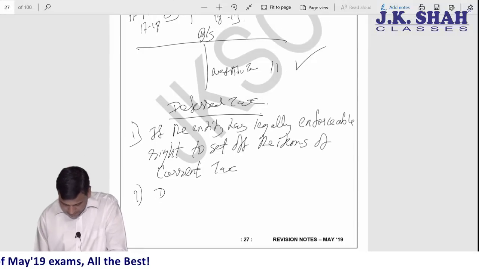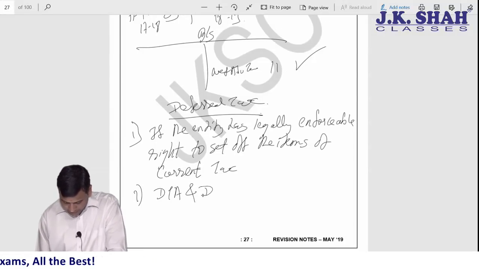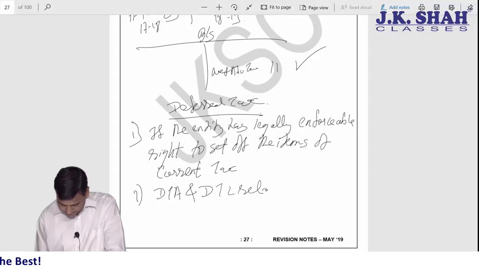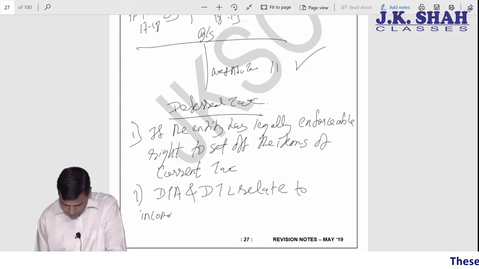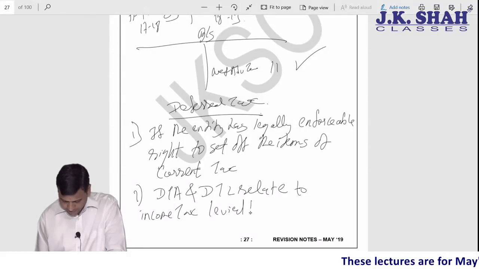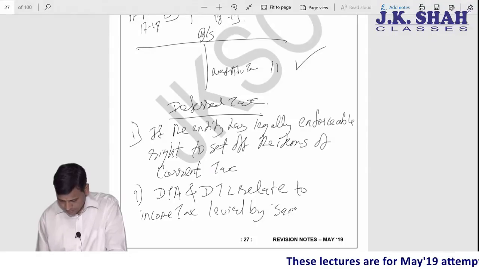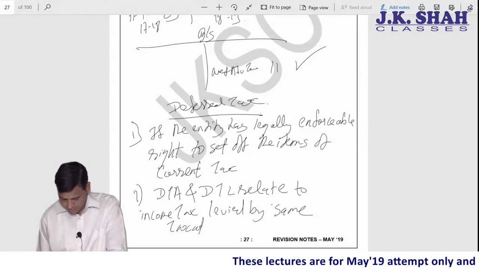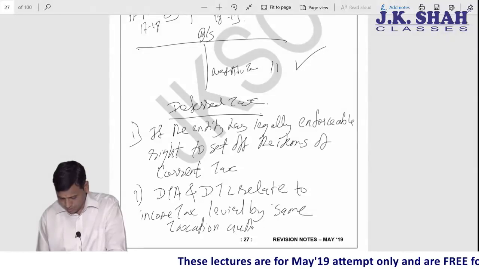And second, the DTA and DTL relate to income tax levied by same taxation authority.